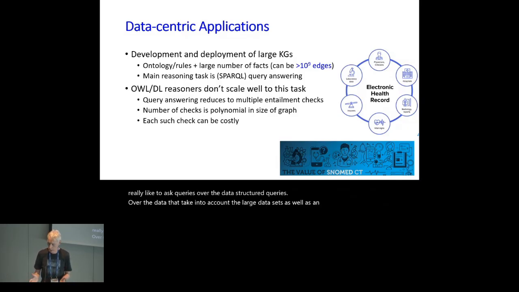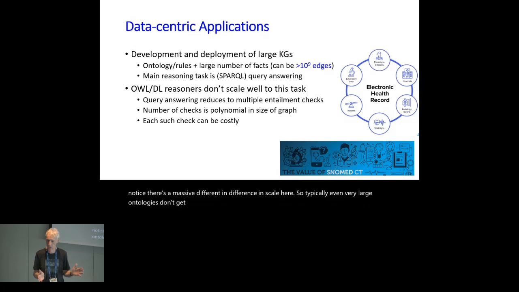And you'll notice there's a massive difference in scale here. Typically, even very large ontologies don't get beyond tens or hundreds of thousands of classes. But large data sets can obviously be billions or even much larger than that, tens, hundreds, thousands of billions of facts.